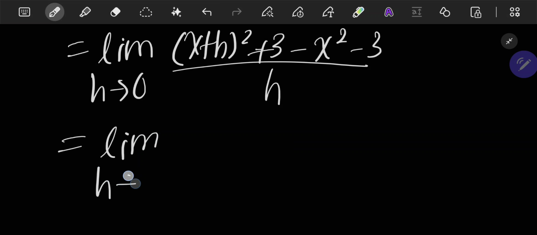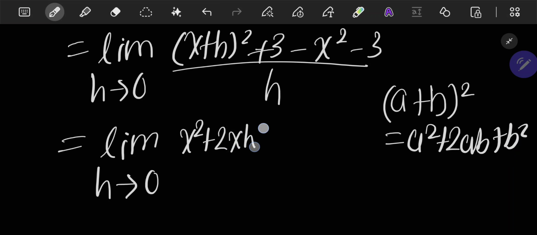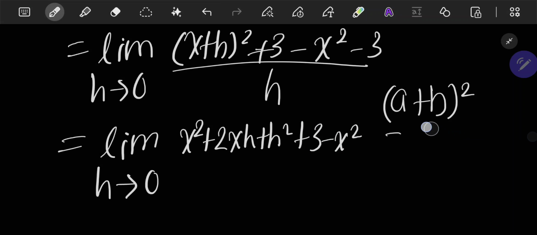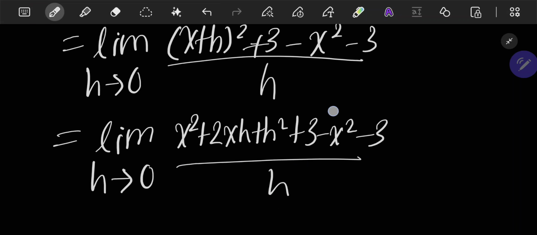And doing some further simplification, we use this formula right here: a plus b whole squared is equal to a squared plus 2ab plus b squared. Using this, we have x squared plus 2xh plus h squared plus 3 minus x squared minus 3 over h.